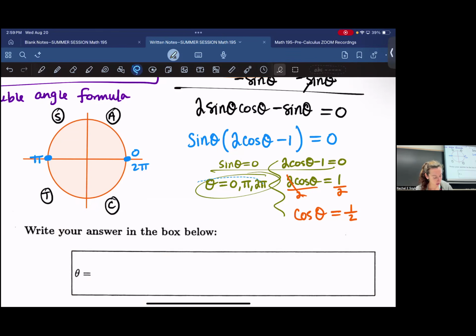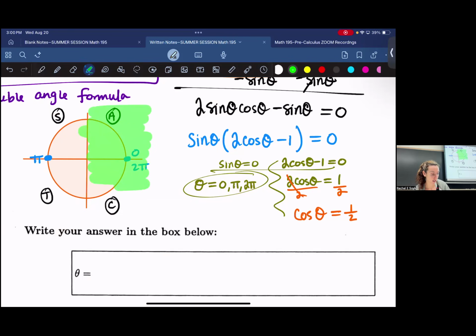Now let's figure out what solutions give you cosine theta equal to 1/2. It's positive, so we want the quadrants that make cosine positive: the first quadrant and the last quadrant. And for 1/2, what angle measure are we dealing with? Pi over 3. Good.